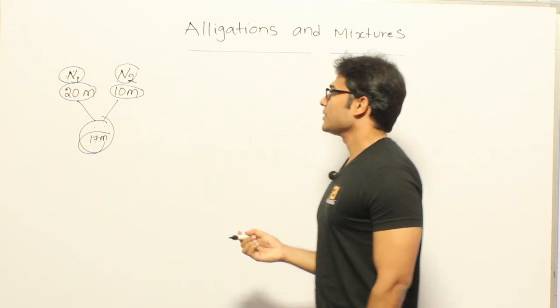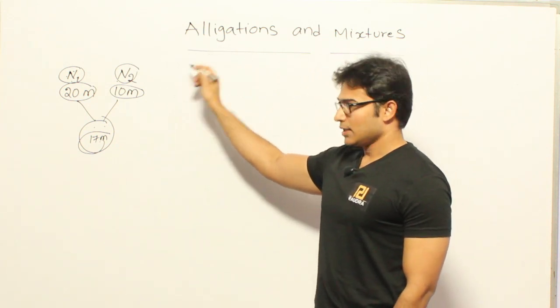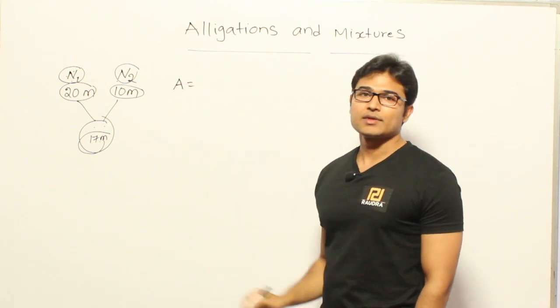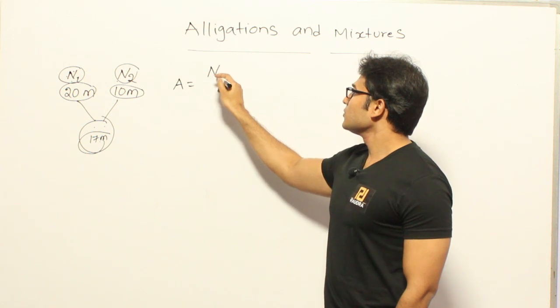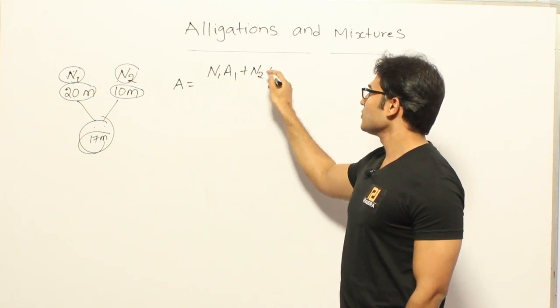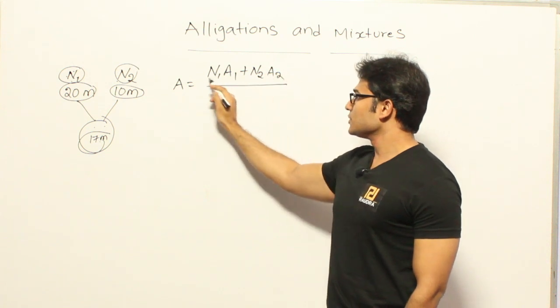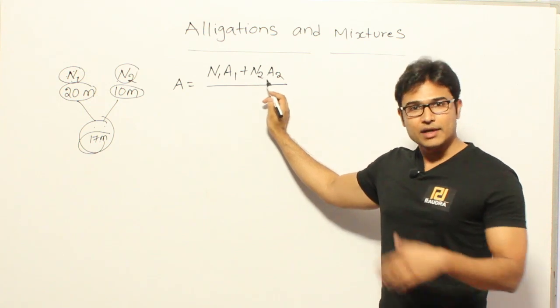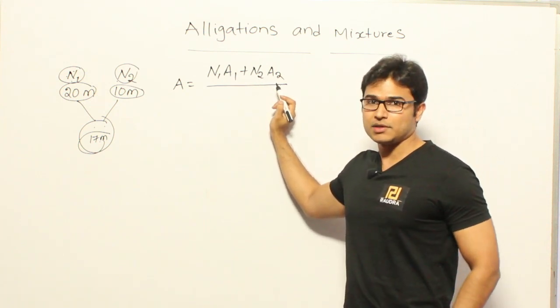In the earlier question, in the earlier formula, if you assume that A is the group average, A equal to n1 into a1 plus n2 into a2. So this is the total contribution from the first group, and this is the total contribution from the second group. In the previous example, it was the total marks, isn't it?